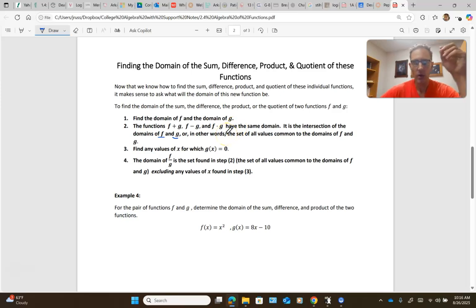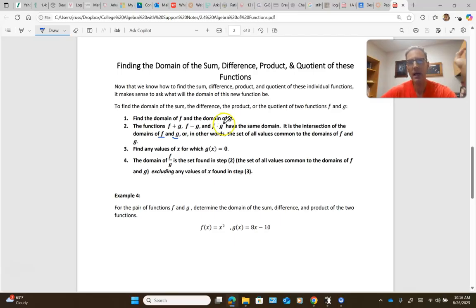Now, when f and g are both polynomials, and that's what they'll be most of the time, whether they're linear, quadratic, cubic, if they're both polynomials, then the domain of the sum, the difference, and the product will be all real numbers, because that resultant function will also be a polynomial.